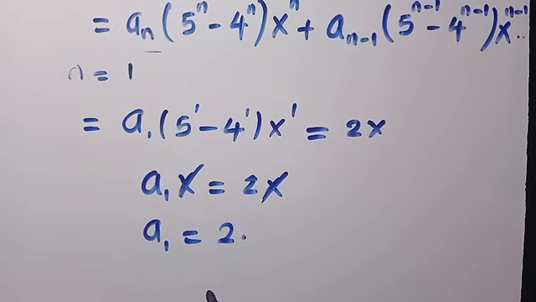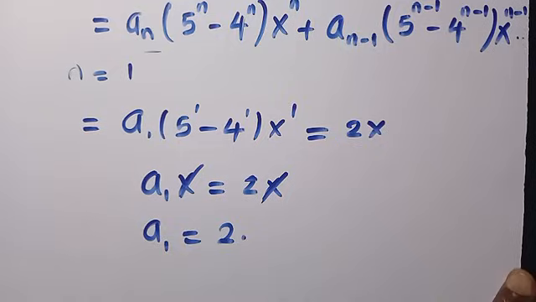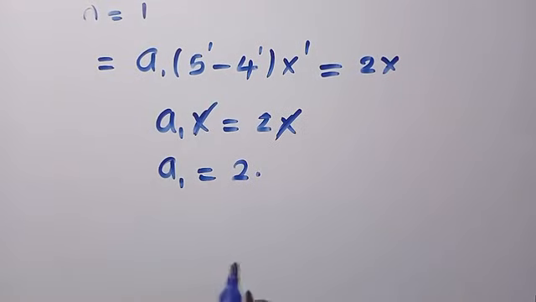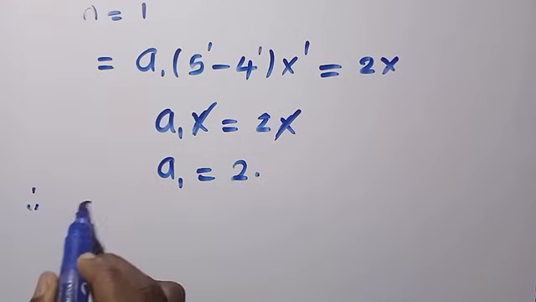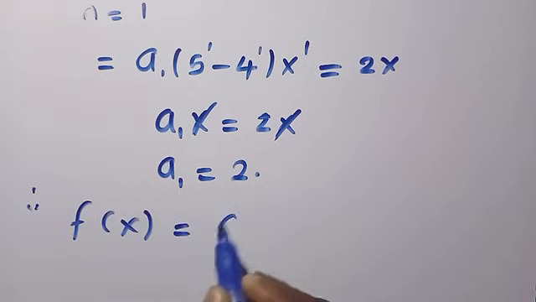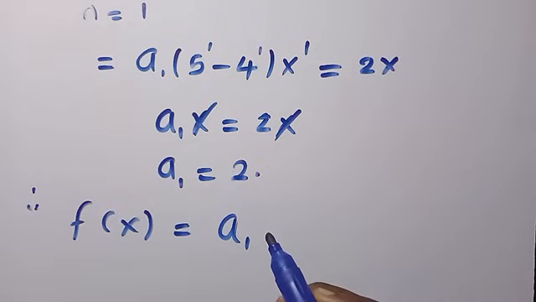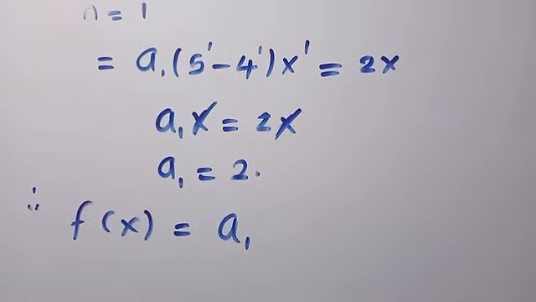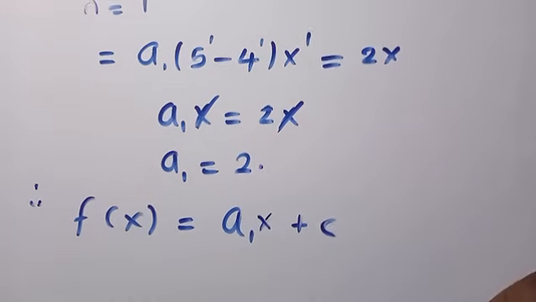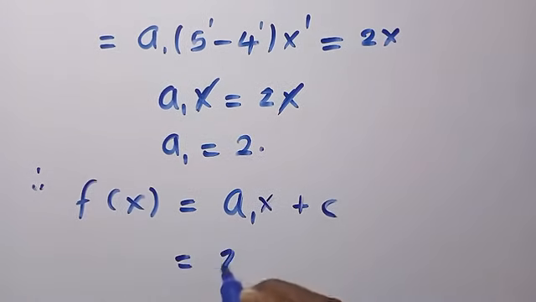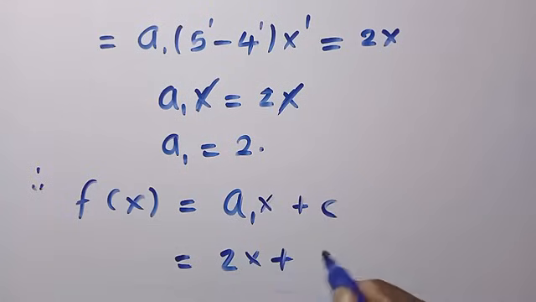So if a1 equals 2, then we can now conclude that when we go back to the given polynomial function, since we stop at 1, we have f of x equals a1 x raised to power of 1 plus a constant. Here a1 is given as 2, so when we replace a1 with the value we got, f of x is 2x plus c.